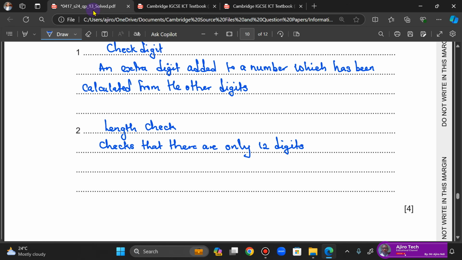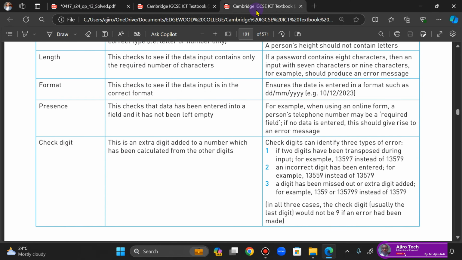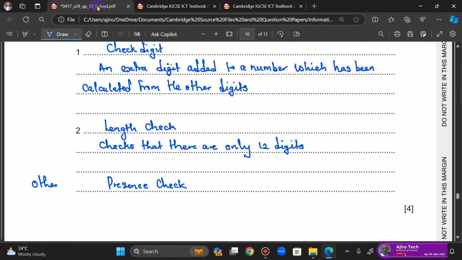Okay. We can also use a presence check. Yeah. A presence check is always going to be one, right? That is everywhere. And if you look at the presence check here, it ensures that the data has been entered into a field and it is not left what? Empty.